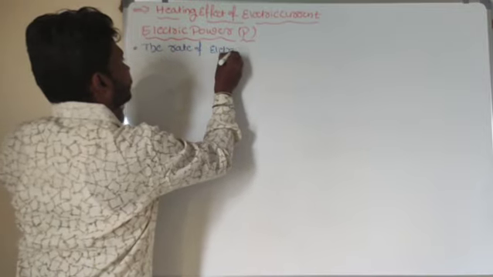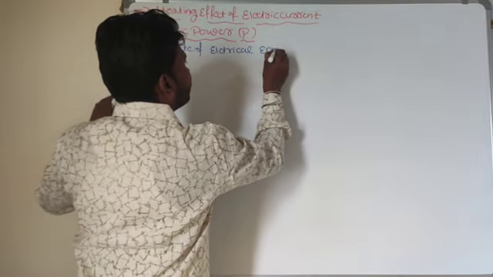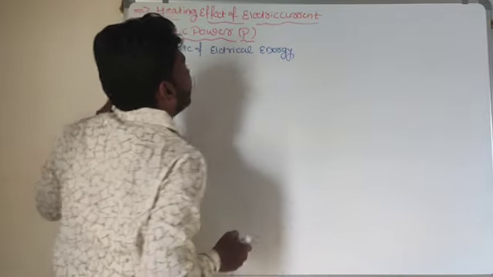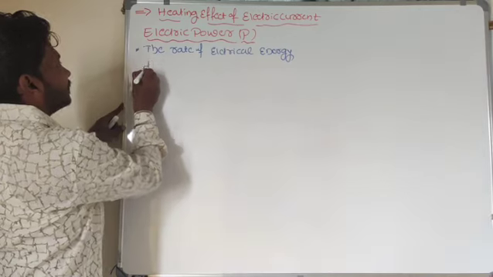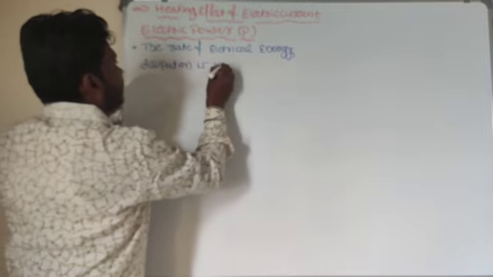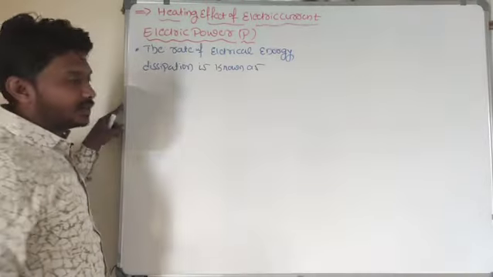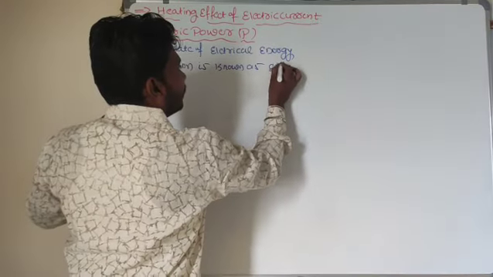The rate of electrical energy dissipation is known as electric power here.